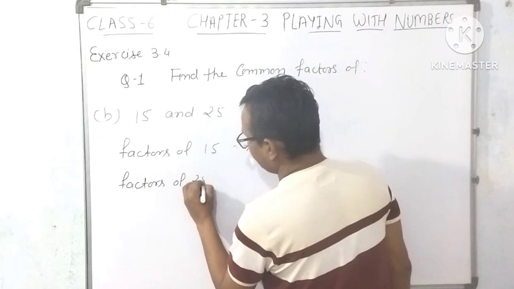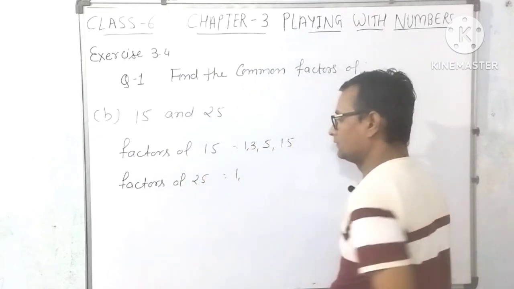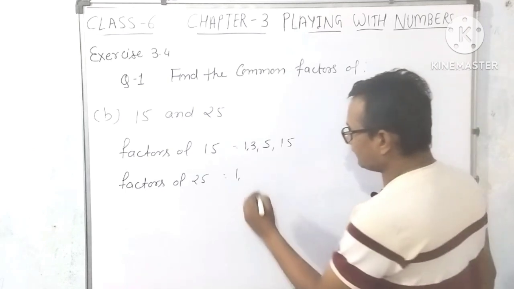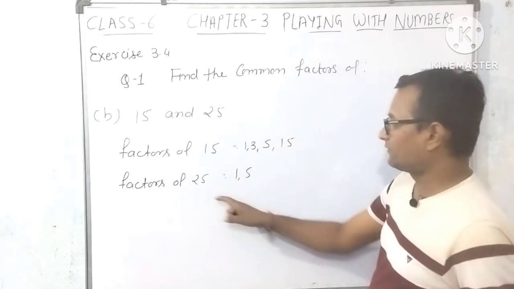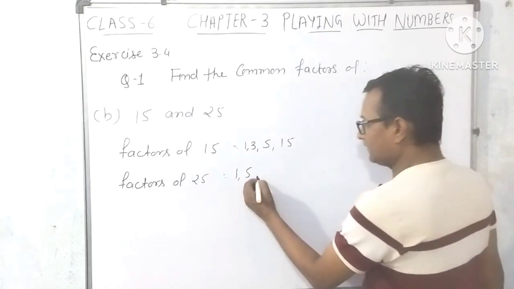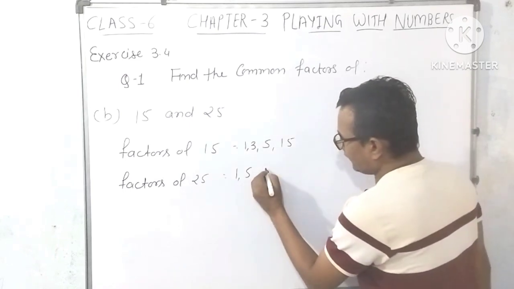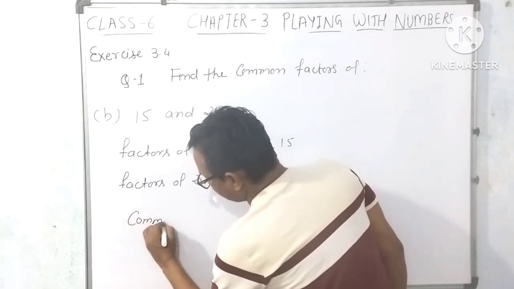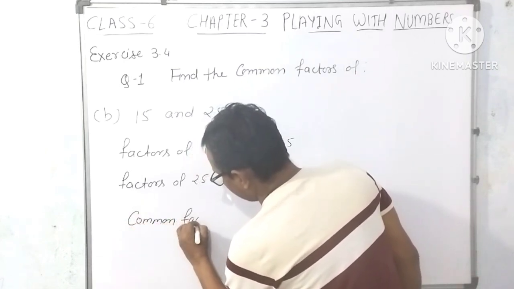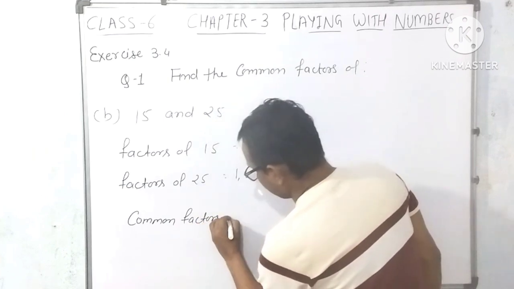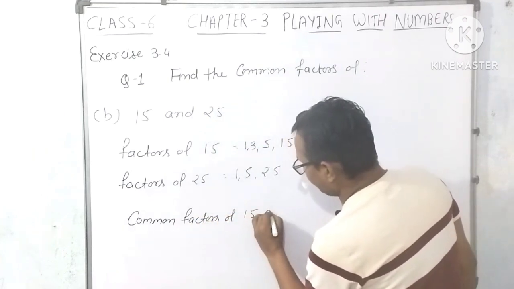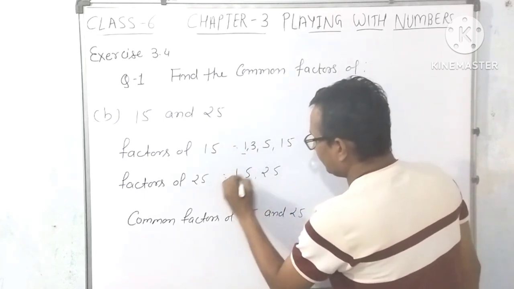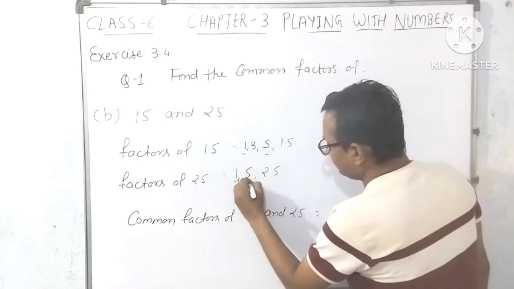Factors of 25: 1, 3 not possible, 4 not possible, 5 fives are 25. So 5 is one of the factors of 25. Then 25. So common factors of 15 and 25 are 1 and 5.